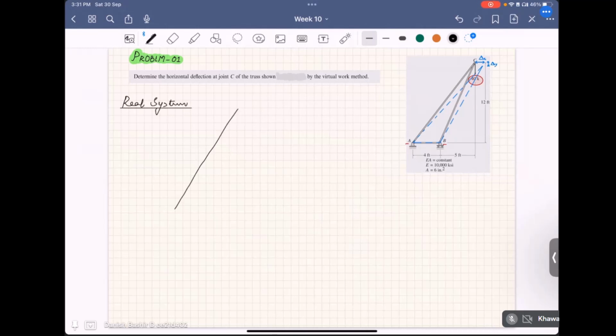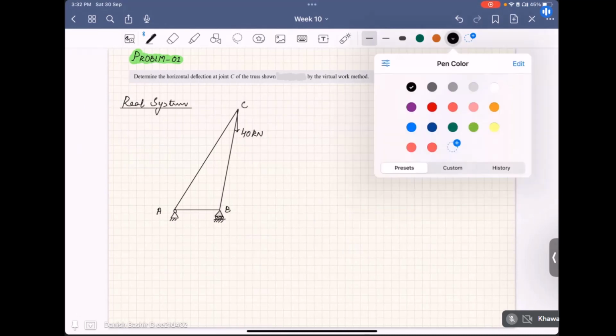It is given 40 kilonewton like here. This 40 kilonewton, this is A, B, C.